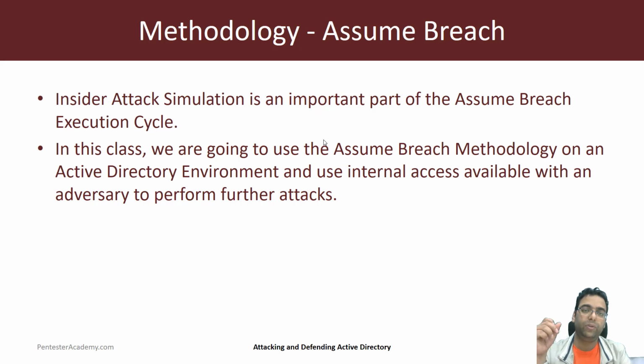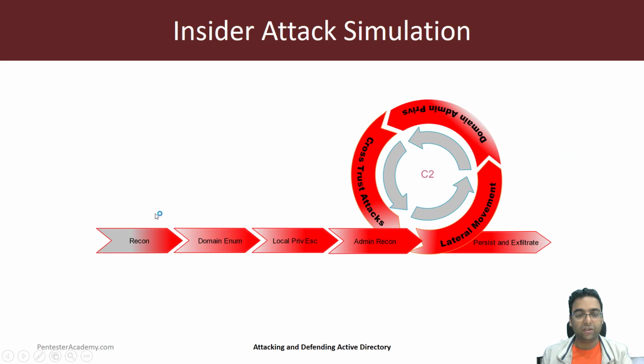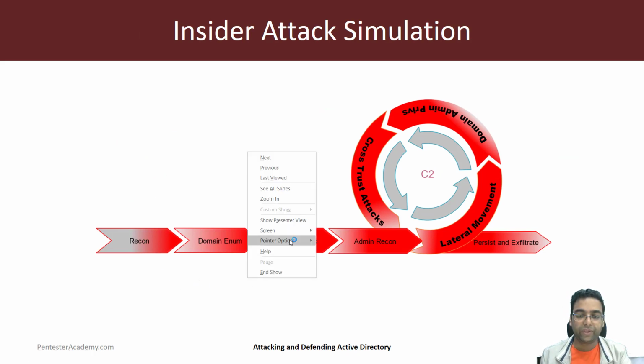That is, we assume that somehow the domain has already been breached, probably a supply chain compromise, or a user has clicked on a malicious email or link, or somehow an adversary already has access to one of the machines joined to the domain, right?